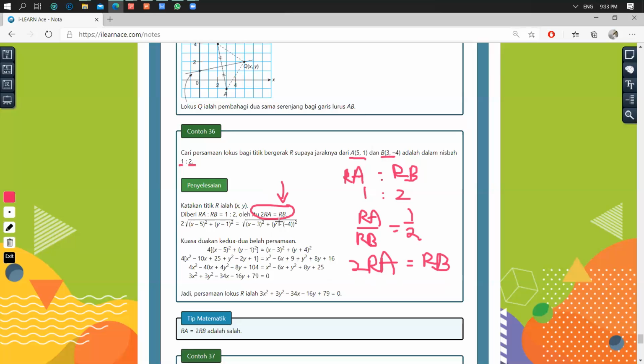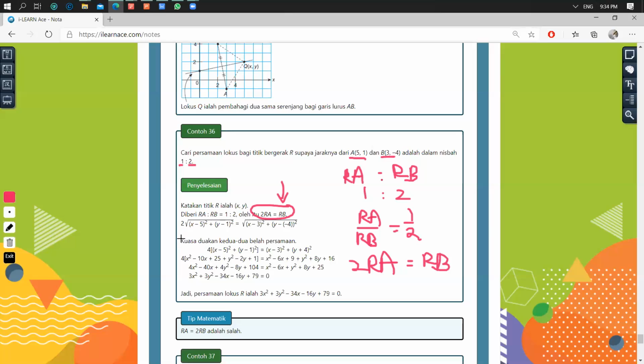So after you've done this and get 2RA equals RB, then write in the formula. So I repeat again, you're going to get 2 square root bracket x minus 5, 5 is the A one, okay? Squared plus y minus 1 squared equals to square root of x minus 3, that's B, squared plus y minus negative 4 squared. Then simplify things.